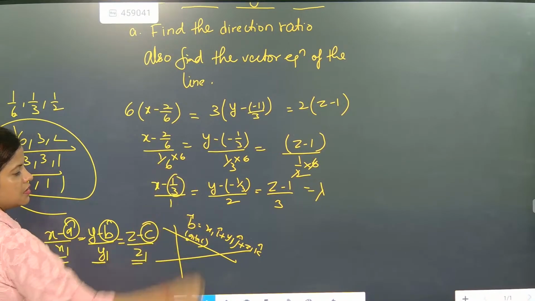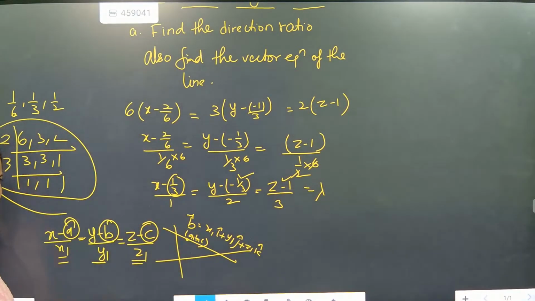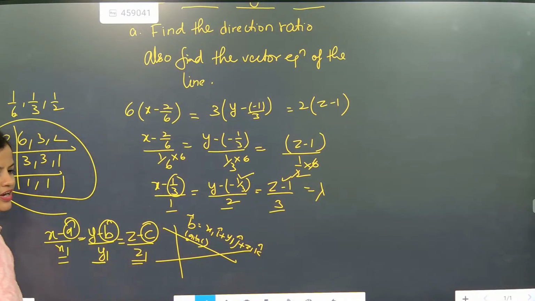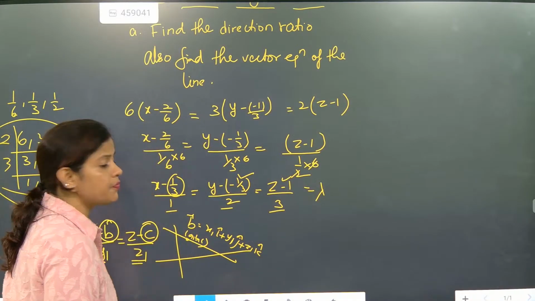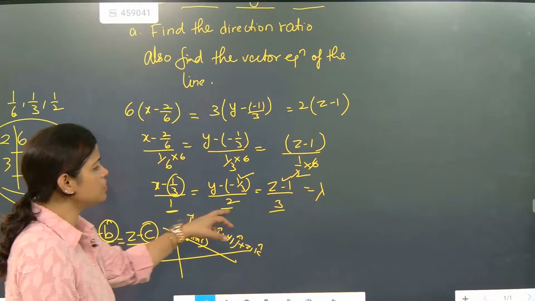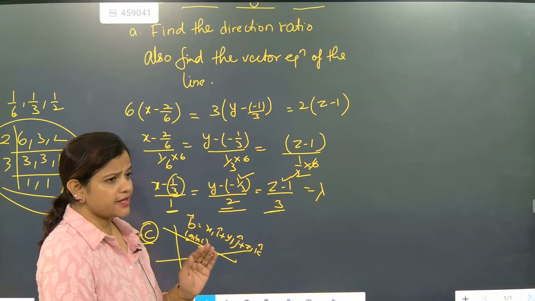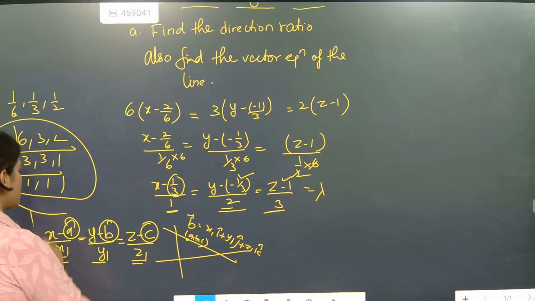This will become the fixed point, and this one will become the coefficients of the vector support. That is also called the direction ratio along the x-axis, y-axis and z-axis, because it is exactly going to give you the parallel support. So this is the concept, boss.